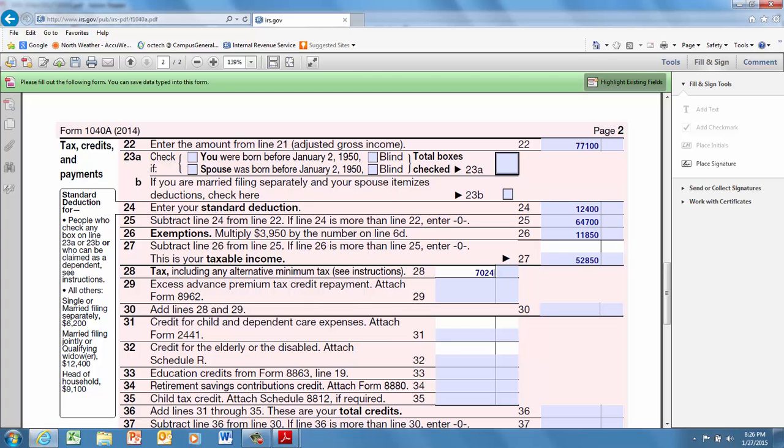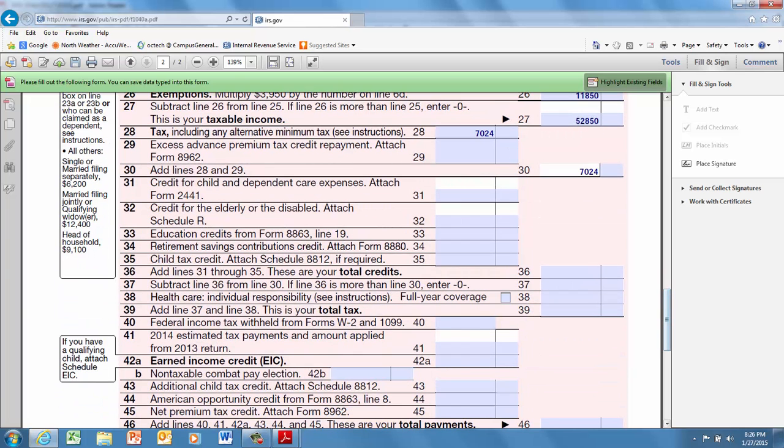Now, the Chandlers here, they had health insurance through their employer, so this does not apply to them. Okay, add lines 28 and 29, so that's still going to be 7024.